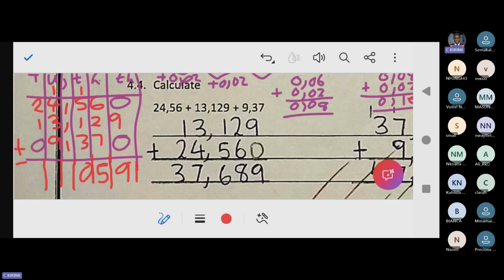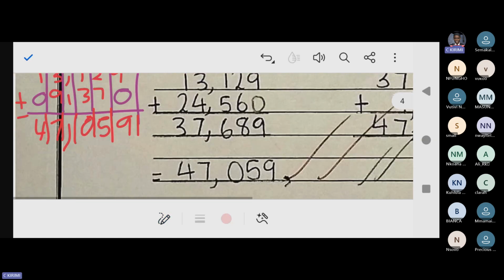Then 8 plus 9, that's 17. 7, carry 1. 1 plus 2, 3 plus 1, 4 plus 0, that's 4. So your answer is 47, and the comma stays where it is. So 47,059, which is the same answer that you are getting there.